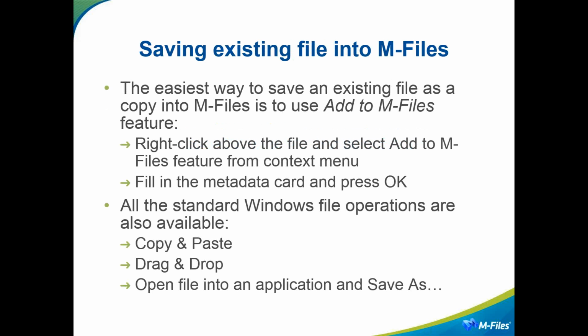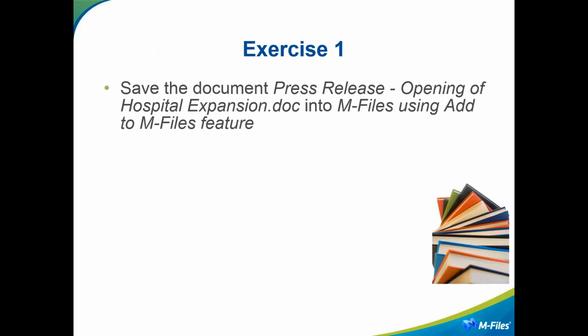Particularly in the Outlook integration, you can just drag and drop to folders in Outlook and get it into M-Files. You can also right-click files at any point and choose Add to M-Files. You can drag and drop, copy and paste. Anything that you would normally do with Windows Explorer, you're going to be able to do with M-Files as far as getting files into the M-Files environment.